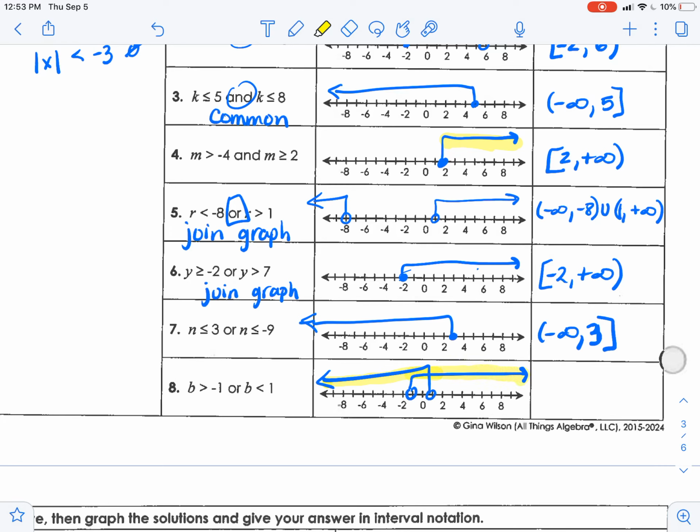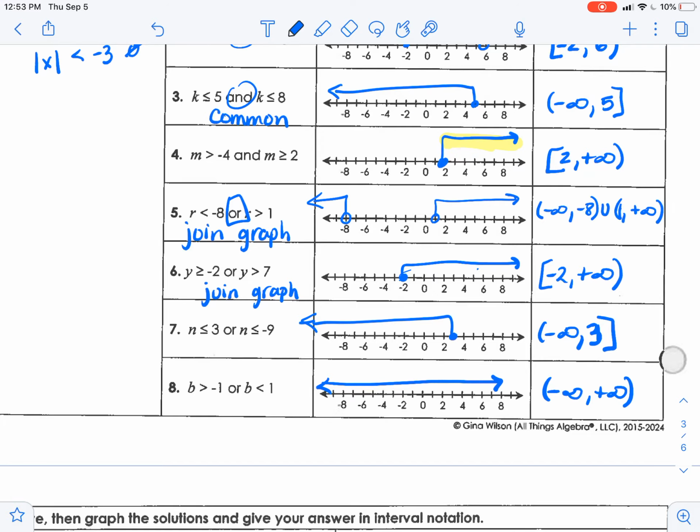So this is going to be everything. I didn't leave any numbers out when I graphed. So this answer is actually going to get totally rewritten because it is just all real numbers. So don't leave those dots down on the number line. It's all real numbers. So my answer would be everything from negative infinity to positive infinity.